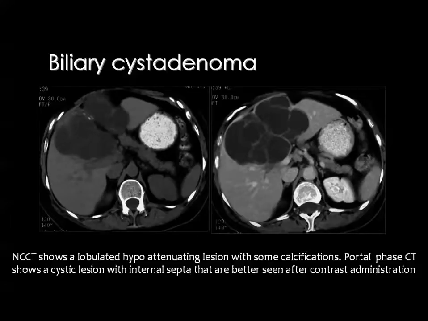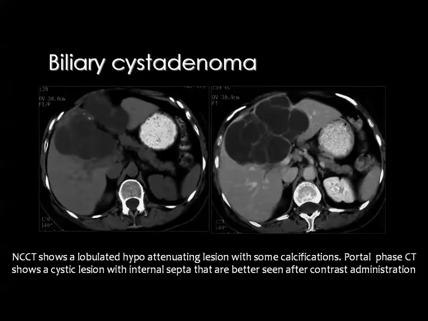But it is usually written in the books that there are no reliable signs to discriminate between biliary cystadenoma and the cystadenocarcinoma. So the biliary cystadenoma, whenever it is diagnosed, it should be removed because of its potential to turn into a malignant lesion.